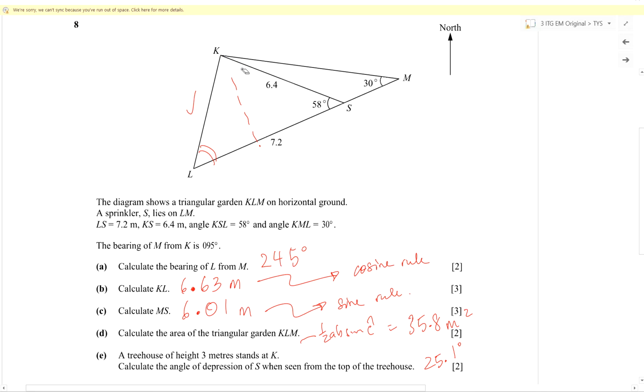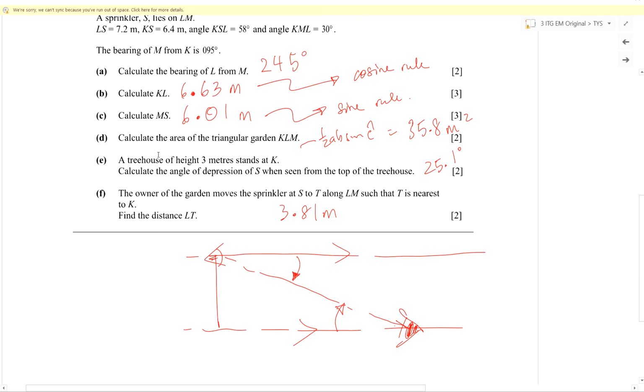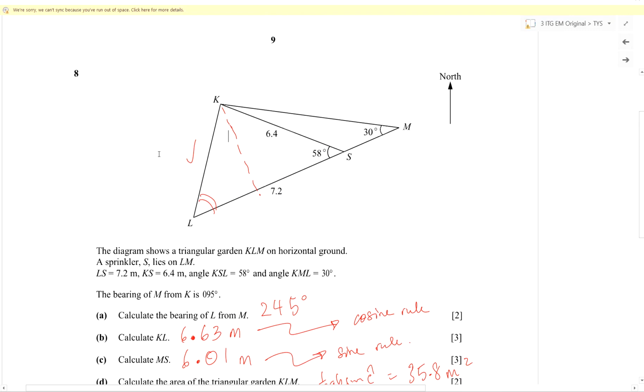Okay, got a request for part F. They moved it such that T is nearest to K. So do you all agree that it has to look like this? Okay, wait, watch. You guys had KL, right?